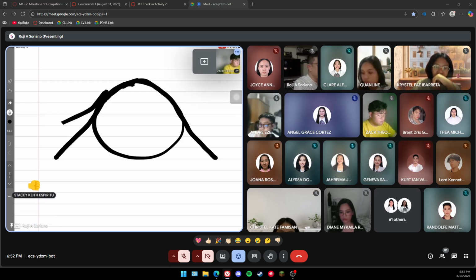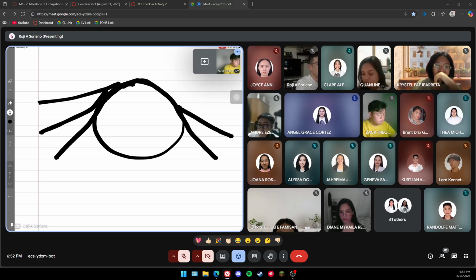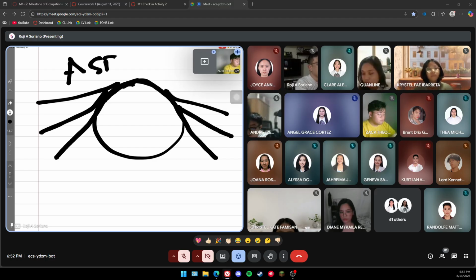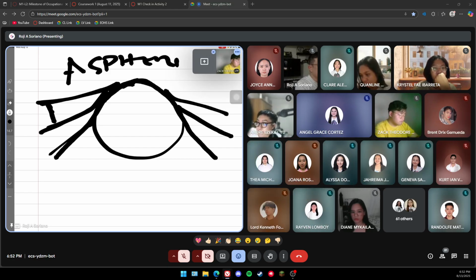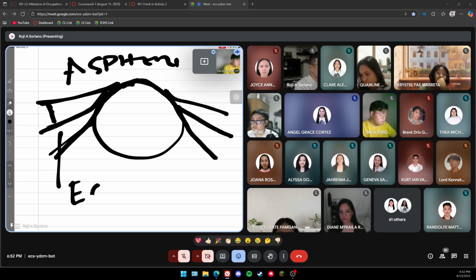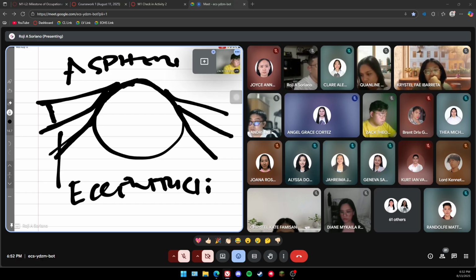So this amount of flattening is called asphericity, correct? And that amount of flattening, to be more detailed, is called the eccentricity value. Okay, that's your eccentricity value.